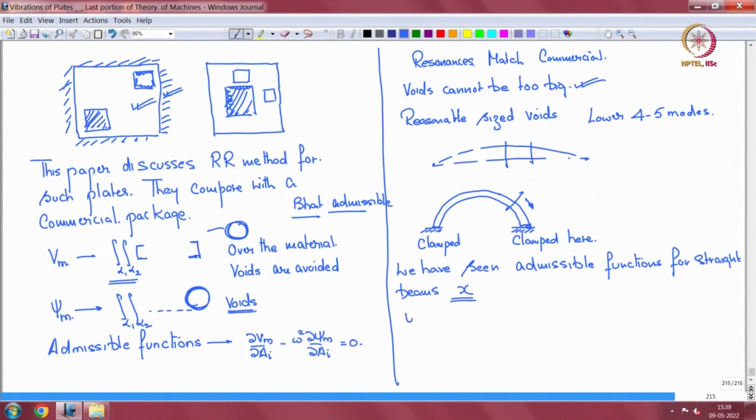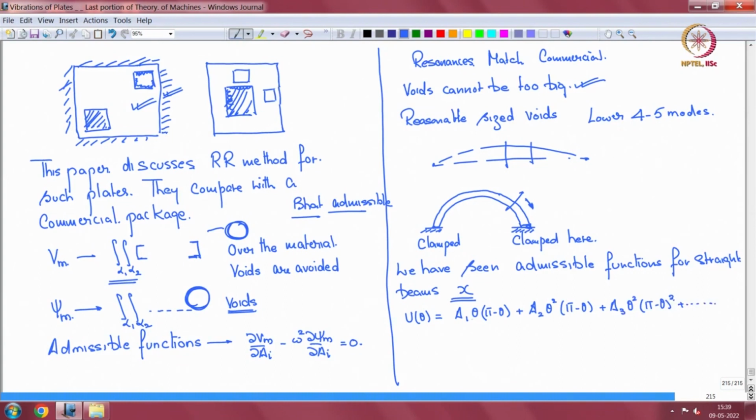So you could try for this u theta as sum a1 theta into pi minus theta plus a2 theta square pi minus theta plus a3 theta square pi minus theta square. So try to get a complete set.